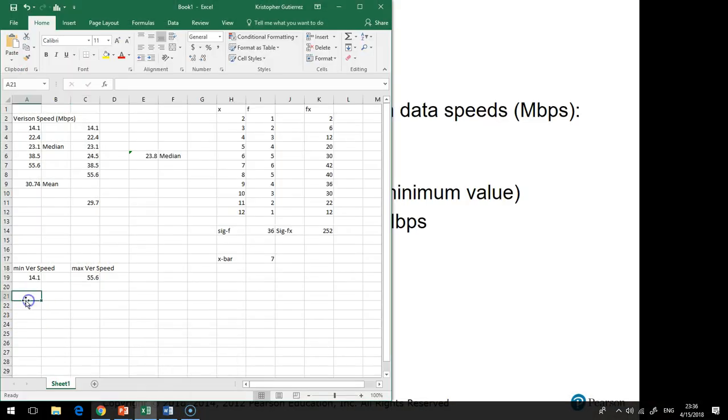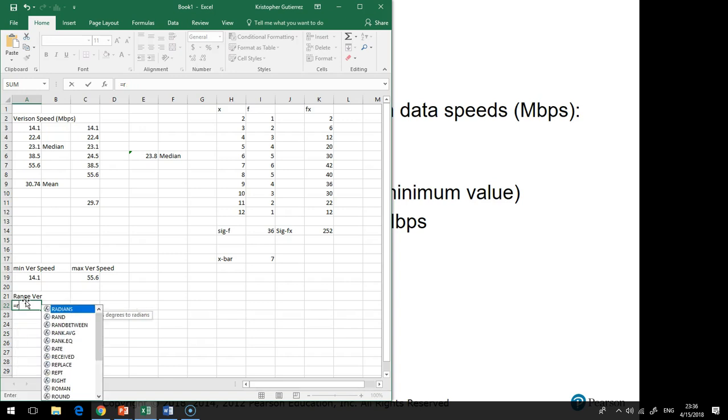Next, we can look at what the range would be, and let's say the range of Verizon. I don't think there's a range function. No, not really. All right. What I'm going to do is set up an equation here.